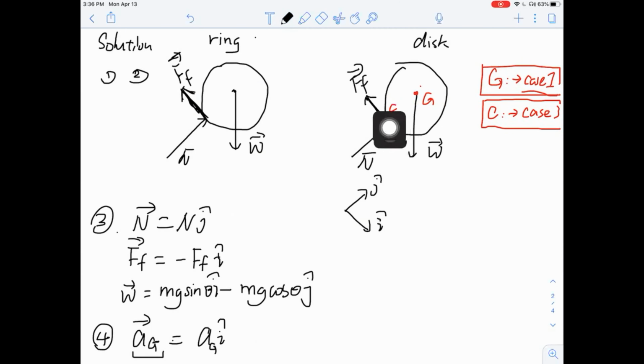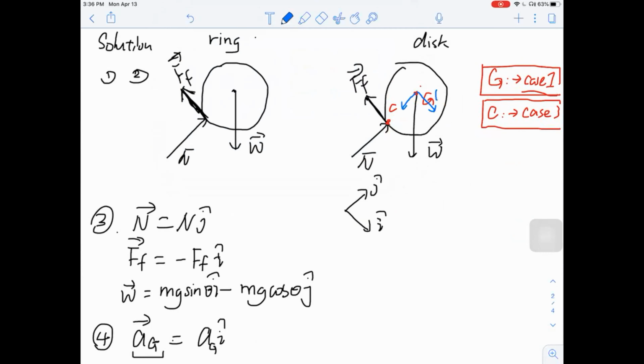Since both the friction force and the normal force pass through point C, they would not contribute to the movement about point C. Another force we have here is the weight force, which would contribute to the movement about point C. Since we're using an angled coordinate system, let's break down this weight force.